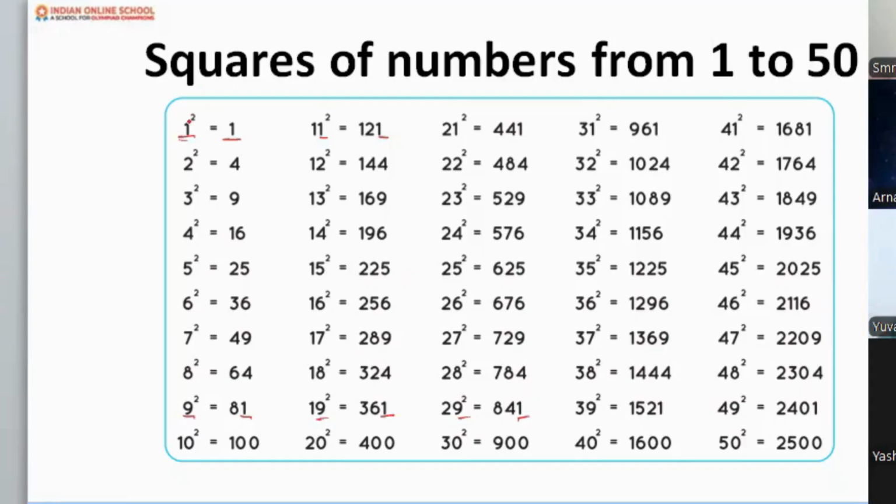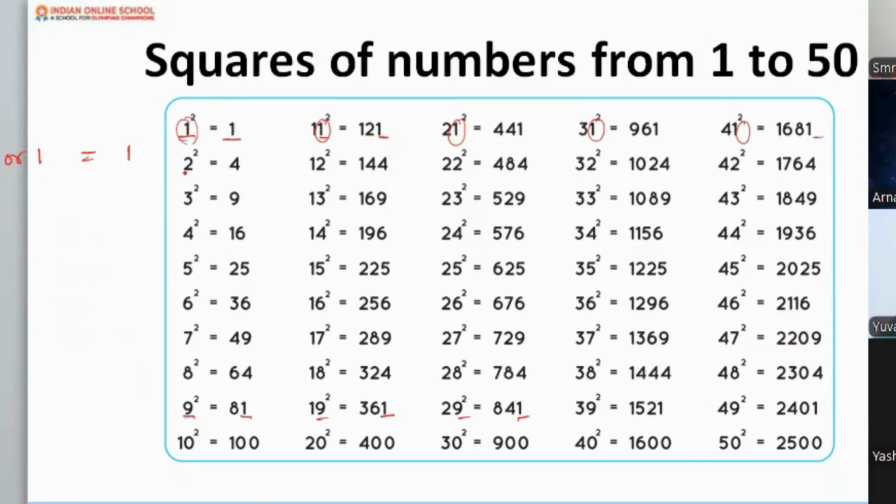Now you can see if any number ends at 1, its square always ends at 1 only. Similarly, if any number ends at 9, its square also ends at 1. So we can say, if any number ends at 1 or 9, its square is going to end at 1.